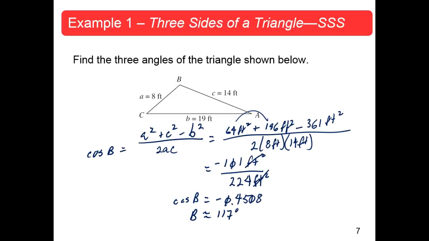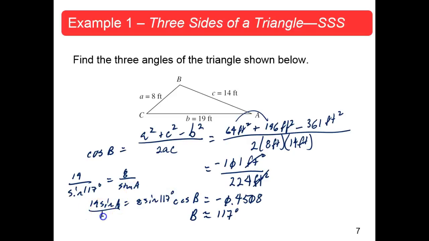So what would be your next step? 19 over the sine of 117. If you have that whole angle on your calculator screen, go and take the sine of it there. Don't round. And set that equal, and which one you want to do next really doesn't matter. A, so that would be A over sine of A. And that should be a small angle, so let's see what we get. 19 times the sine of A is equal to 8 times the sine of 117.